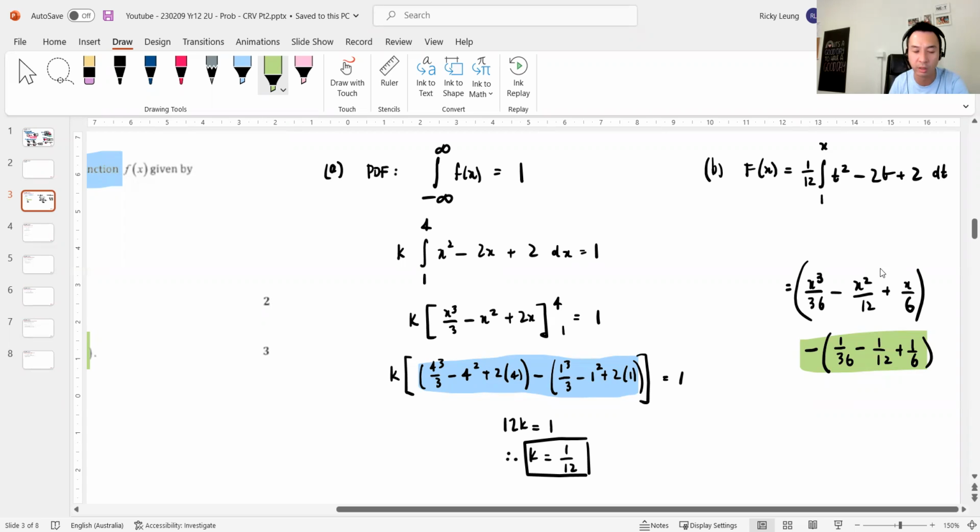Yeah, looks like 1 on 9. Oh yeah, it is 1 on 9, I'm just reading that wrong. So final answer, that's my integral: x cubed on 36 minus x squared on 12, perfect, plus x on 6, minus 1/9. Yep, looked like a quarter. It's actually 1/9.